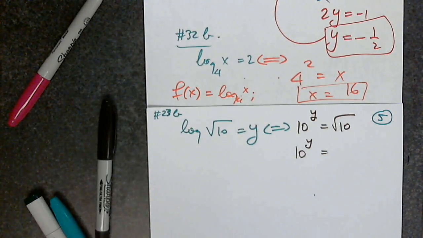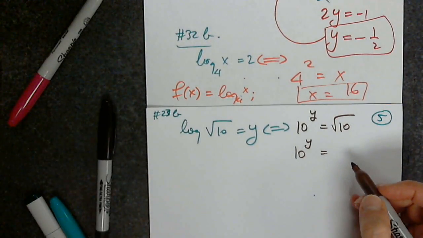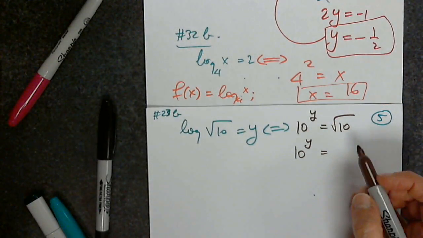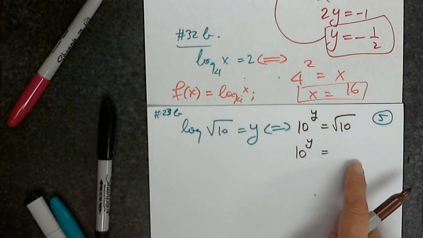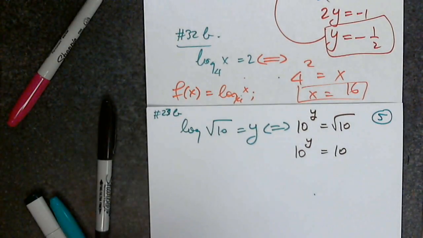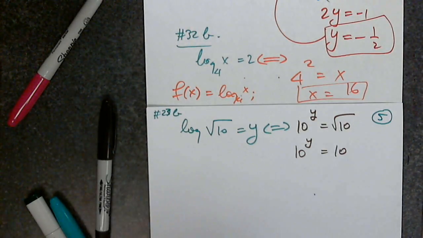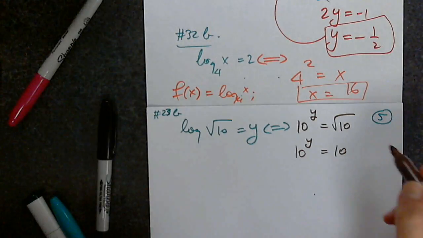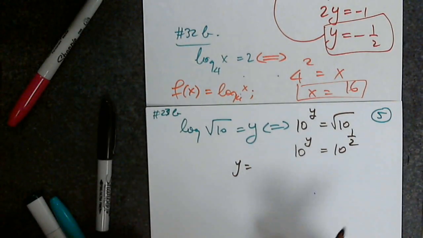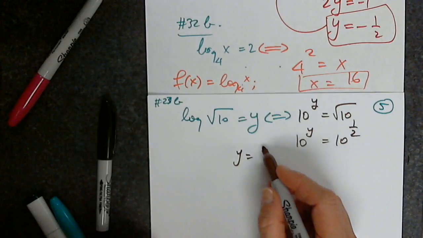What same base? What base? When I say the same base, it has to be base 10. If it's not the same base, there is a procedure, but we haven't gotten to it yet. So the square root of 10 is the same with 10 raised to, indeed. Therefore, y must be, that's it.